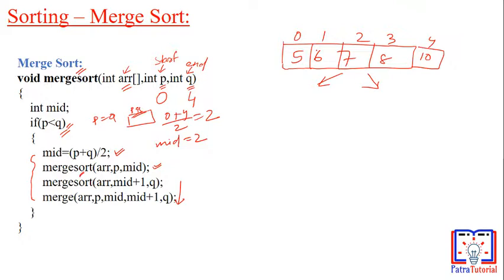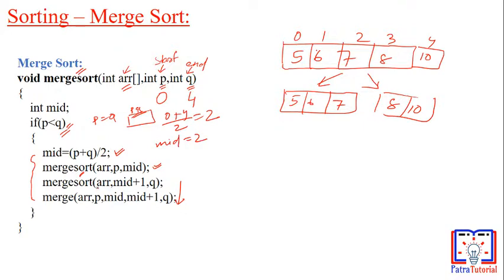Okay, something happened there. So first I have to divide this one, 0 to 2, right? Mid is nothing but 2. Again I have to perform merge sort on the left half and on the right half.